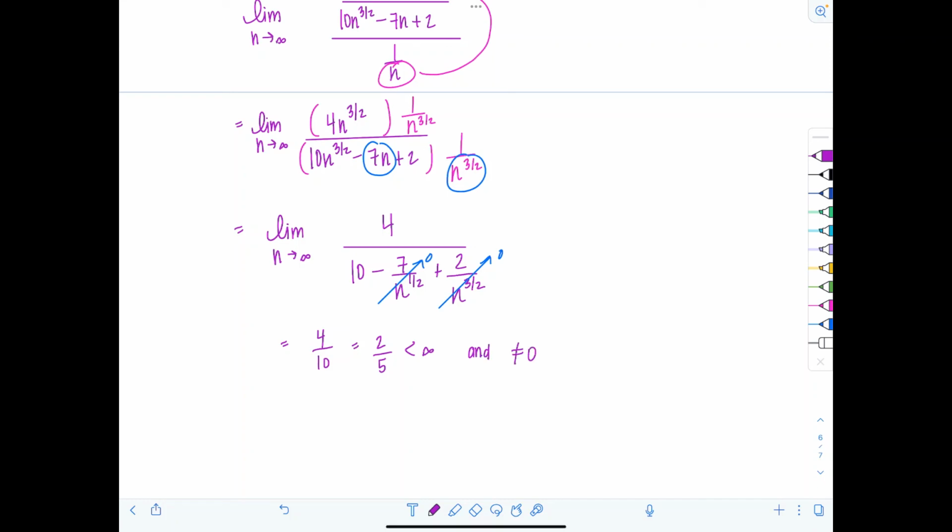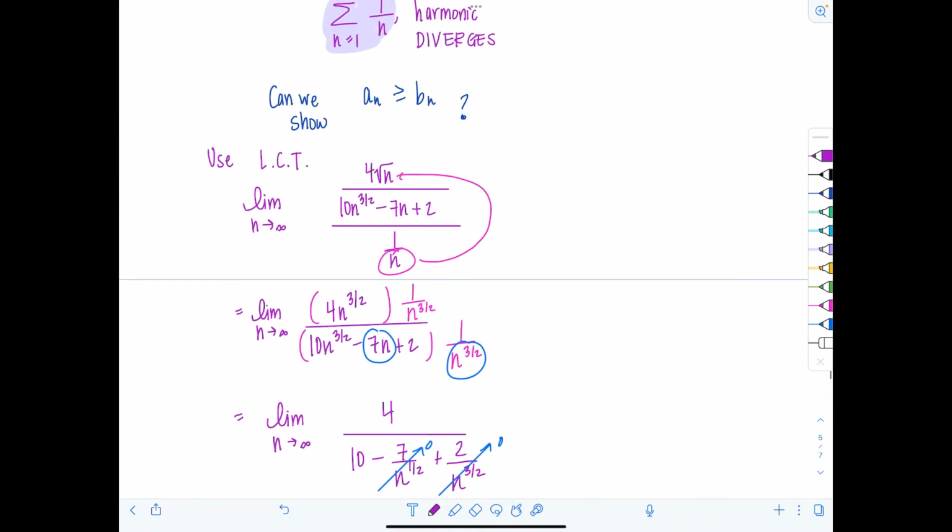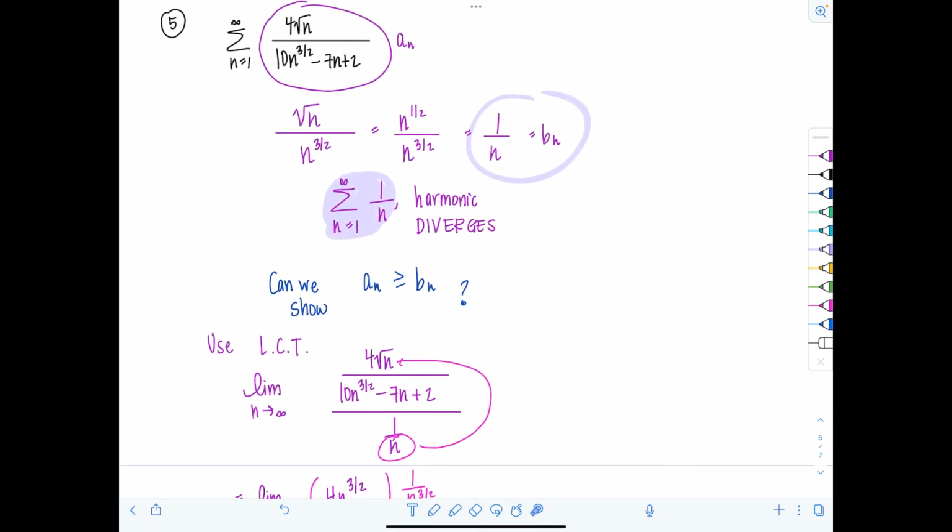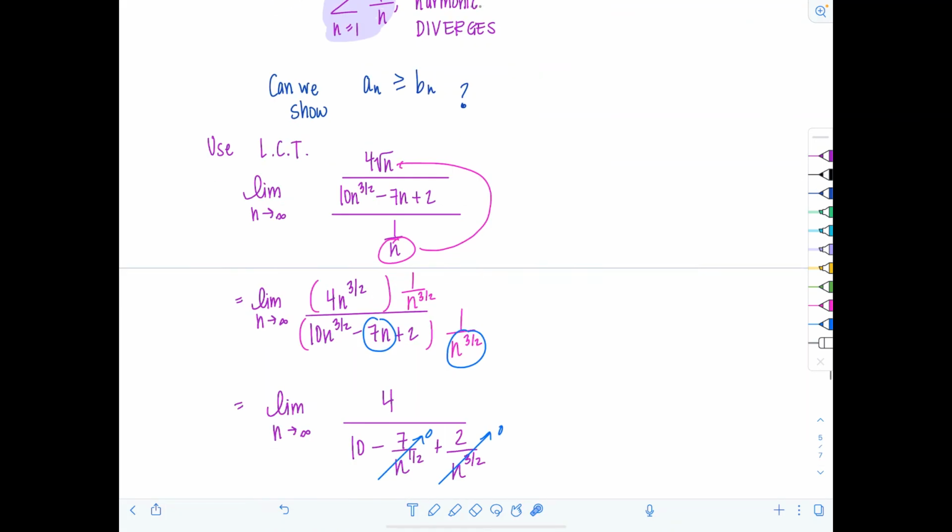Woohoo! So what does that tell me? It tells me both series behave the same. Okay, and what series did I use for this limit comparison test? Why, the divergent harmonic series. So that means my series diverges also.